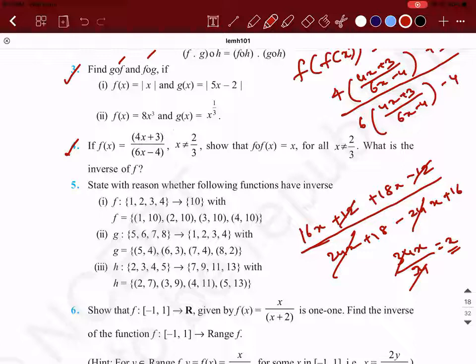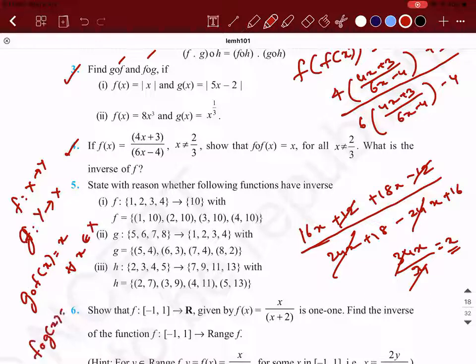So what is the definition of an invertible function? Tell us. If you have a function, let's recollect. If you have a function f mapped from X to Y, and you have another function g mapped from Y to X, then if g circle f of x comes out to be x for all values of x that belong to capital X, similarly f circle g of x is equal to x for all values of x that belong to Y, that is the identity.